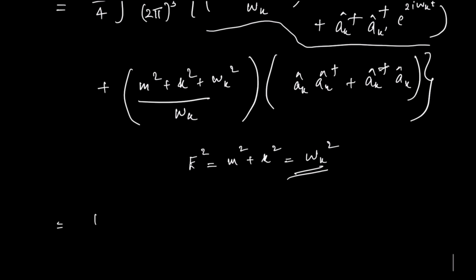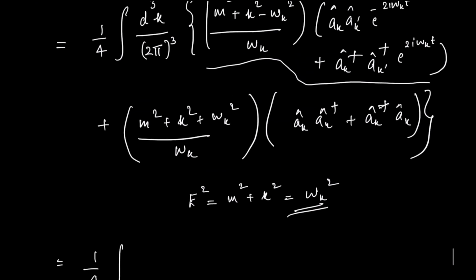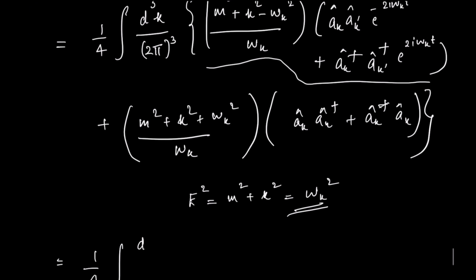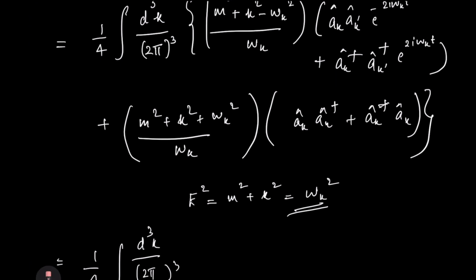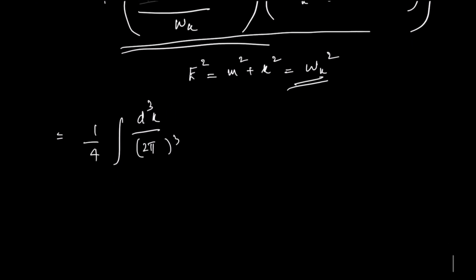Therefore, I have 1 by 4 integral of d cube k by 2 pi cube, and only the second terms will survive. That is, these terms will only survive. d cube k by 2 pi cube, I have 2 omega k square.